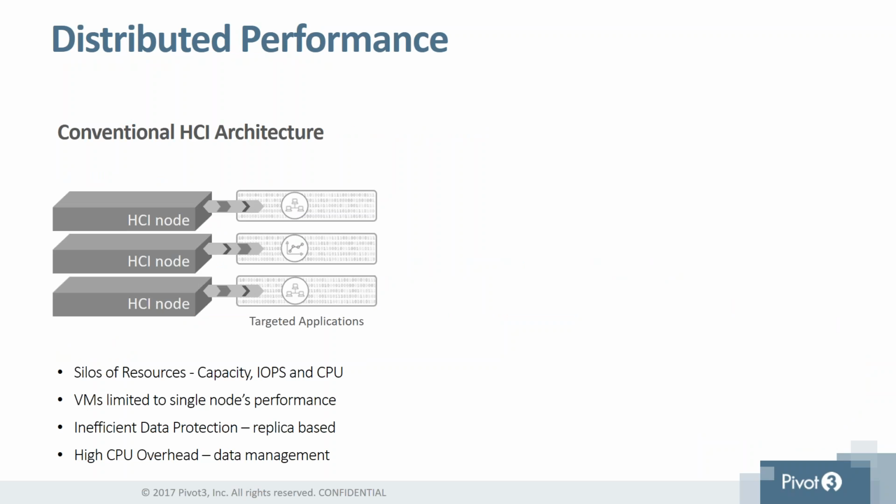First, we're talking about the conventional hyperconverged architecture and how that relates to Pivot3. So this conventional HCI is going to be your Nutanix, your vSAN, your SimpliVity, and then to a point HyperFlex from Cisco. This is kind of how they operate. Each server has dedicated disks on that server.